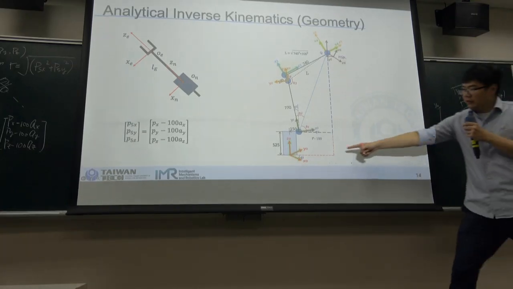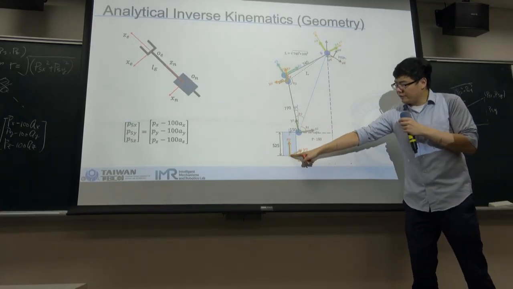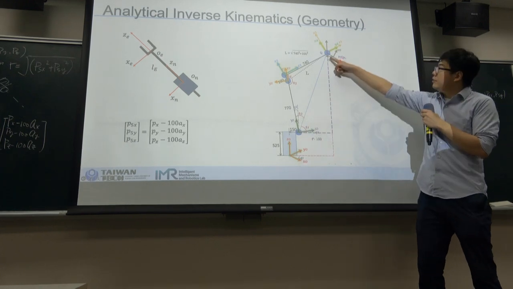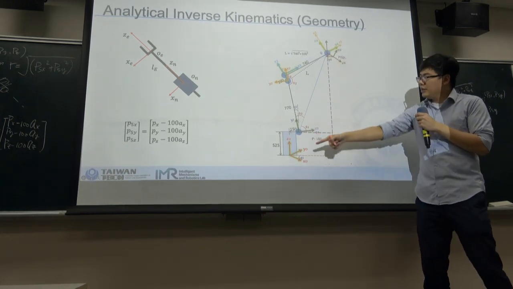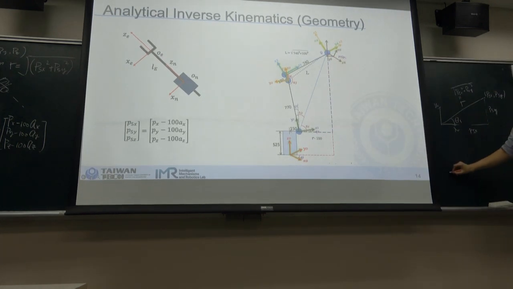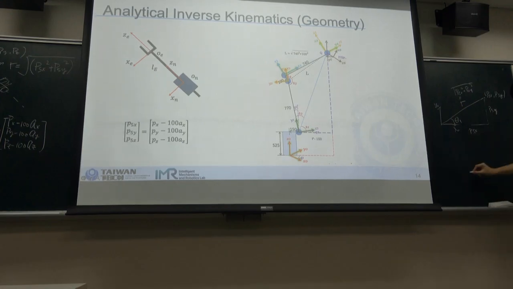So we define the length from the base frame, the center, to our P5 center as L. And because we know that here is 525, and here is 150.